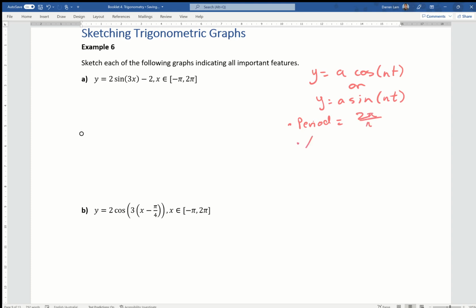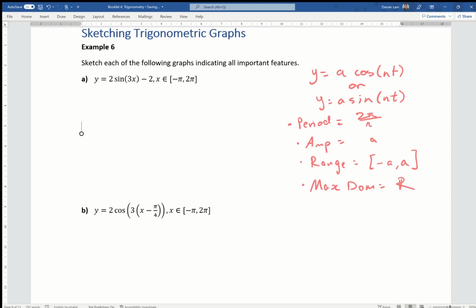We have our amplitude, which is a, and then of course our range goes from negative a to a, and our maximal domain is just all real numbers.